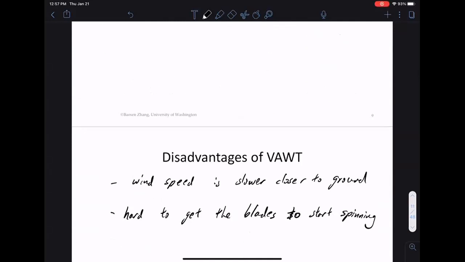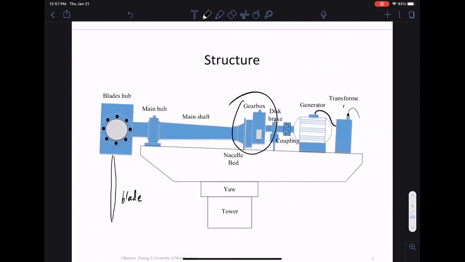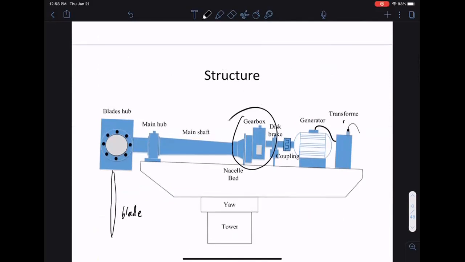We are not going to look at the vertical ones all that much. We're going to focus mostly on the horizontal ones, although a lot of things we say about the machine apply to both. From now on, we'll look into this part of the structure.